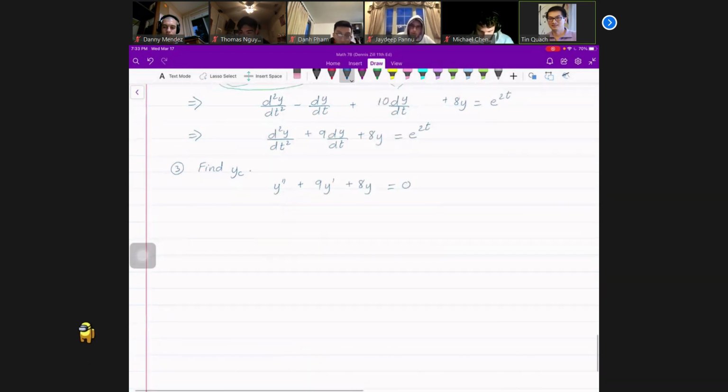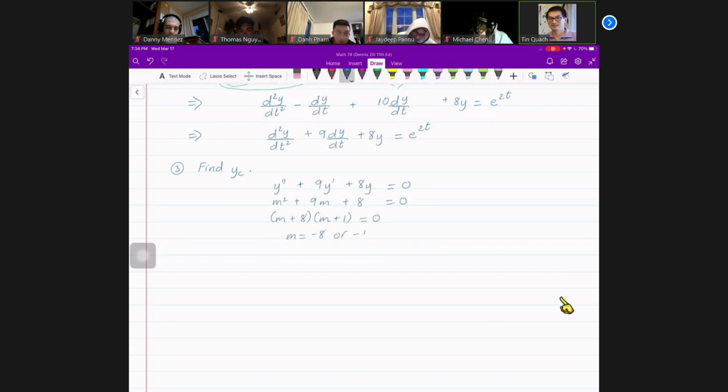Okay, so I'll let you. So that gives you m squared plus 9m plus 8. So that should be easy, right? So that is m plus 8, m plus 1. So m is equal to -8 or -1. Okay.